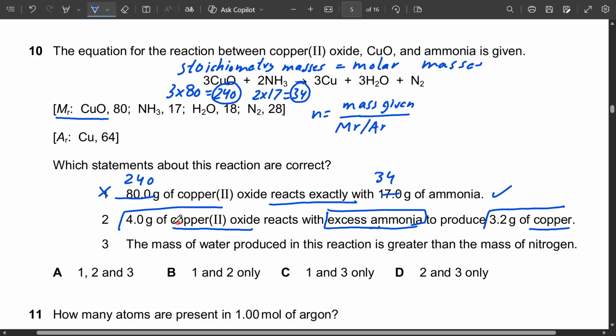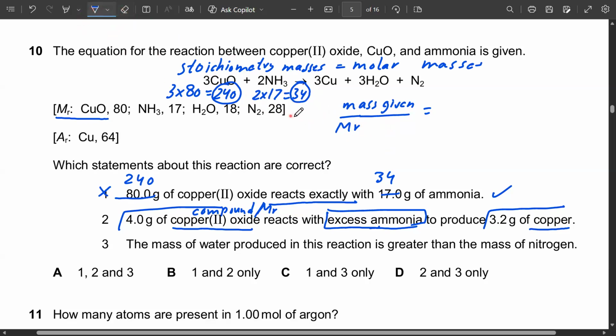In this case, copper oxide is a compound. So for a compound, you take the MR value, not the AR. AR is only for one atom. The MR of the compound is already provided in the question.